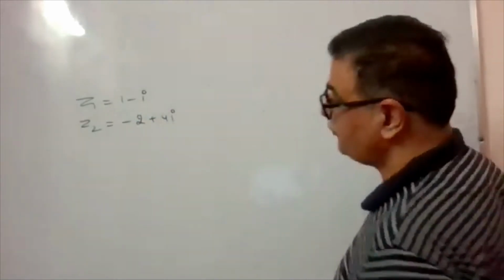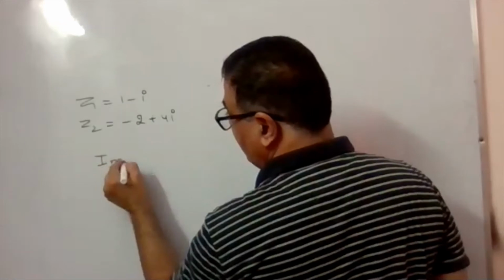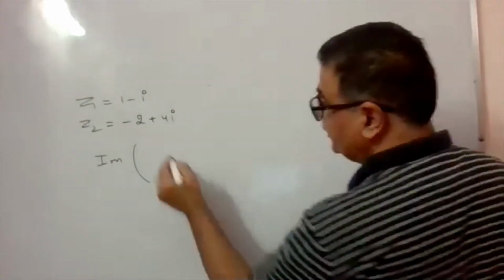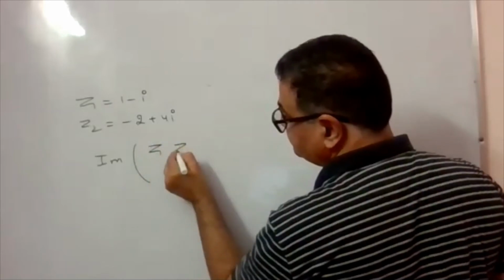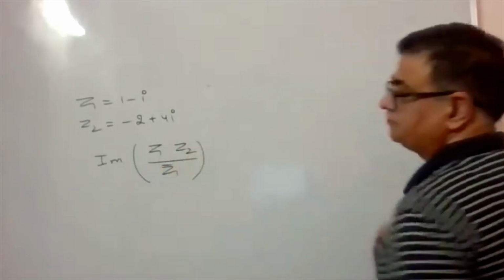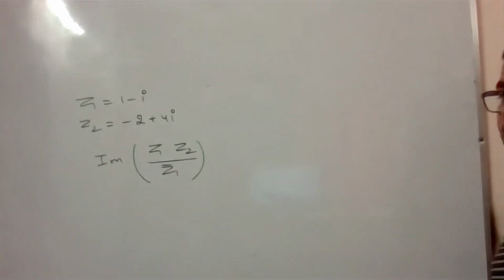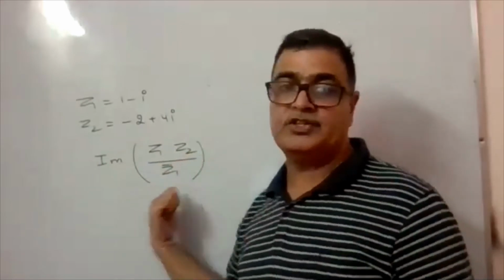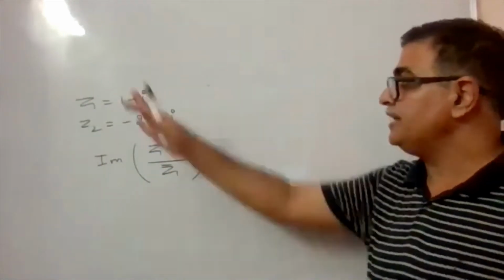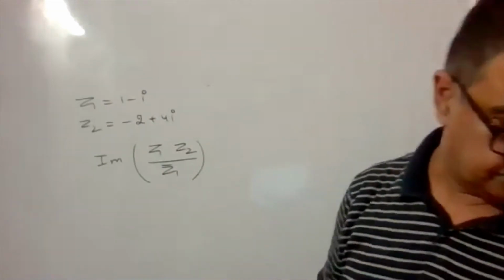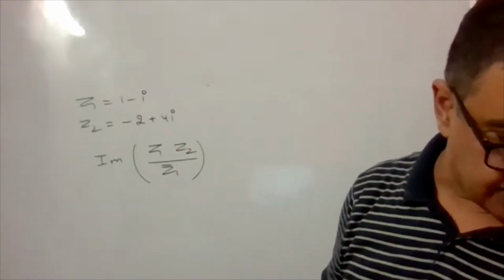My question is, find out the imaginary part of Z1 into Z2 by Z1 bar. I want the imaginary part of Z1 into Z2 by Z1 bar. If Z1 is given, Z2 is given. Please try.